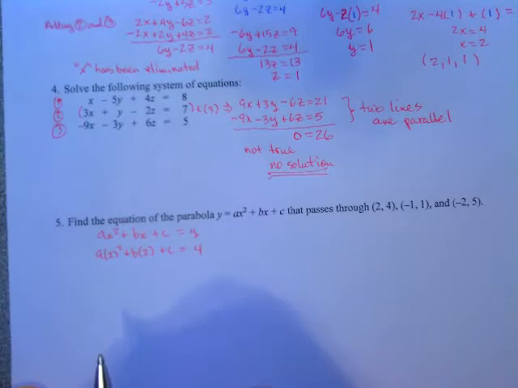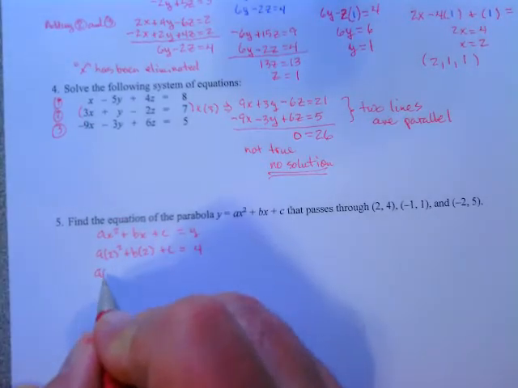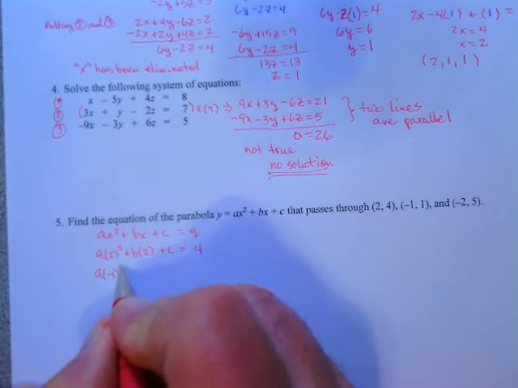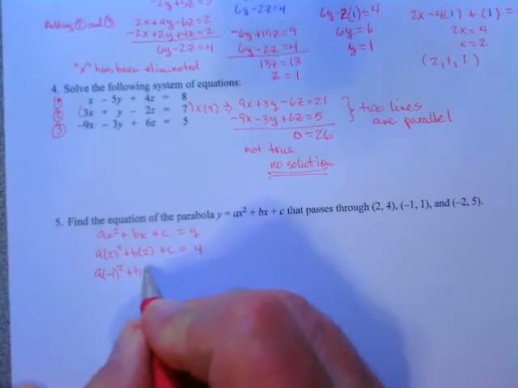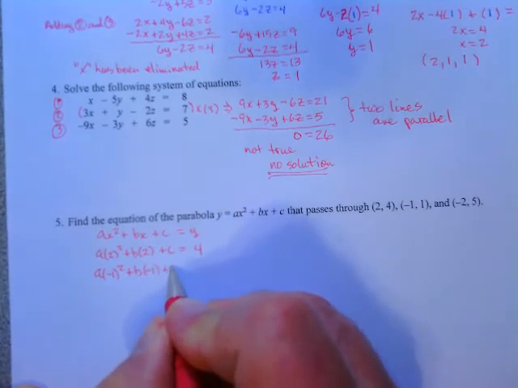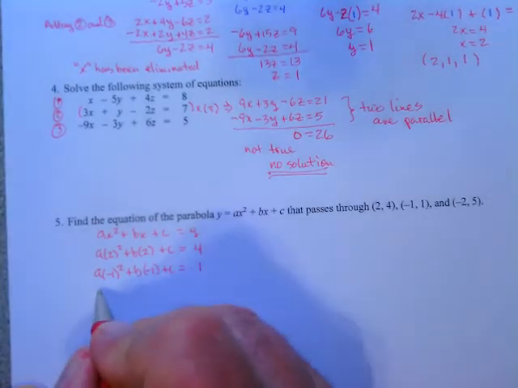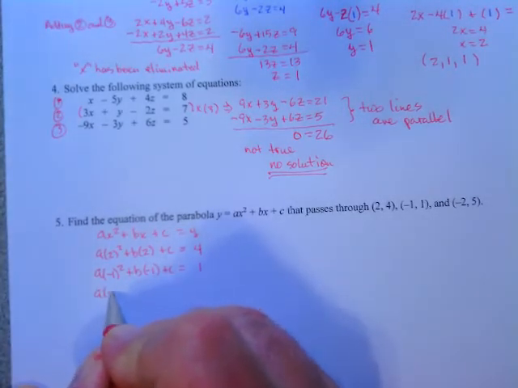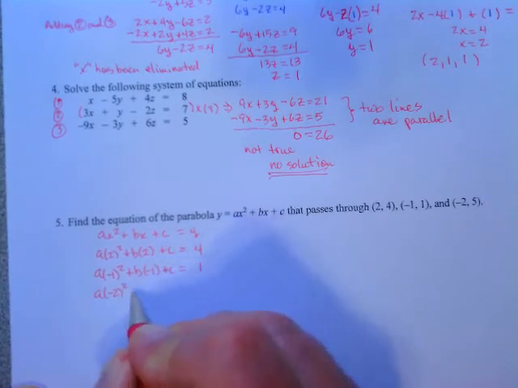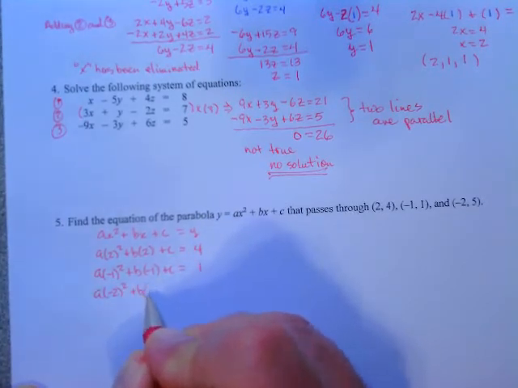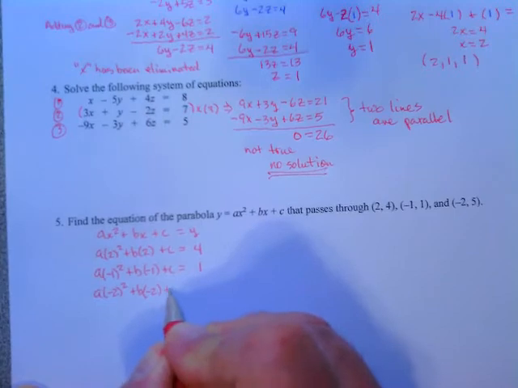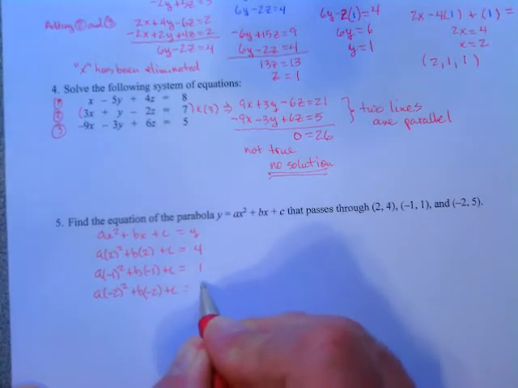In the second case, we would have a times -1 squared plus b times -1 plus c has to equal 1. And in the third case, we have a times -2 squared plus b times -2 plus c equals 5.